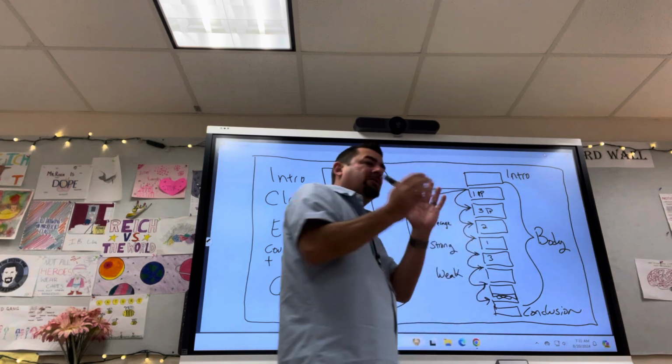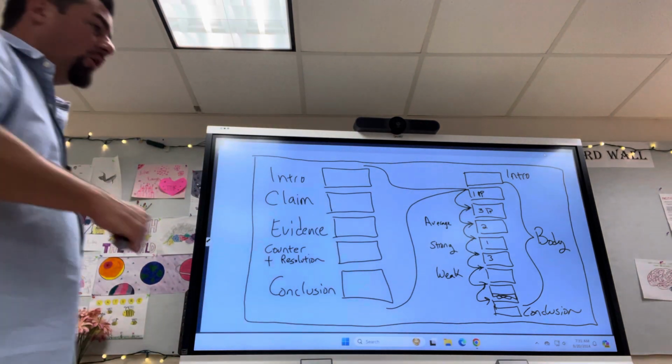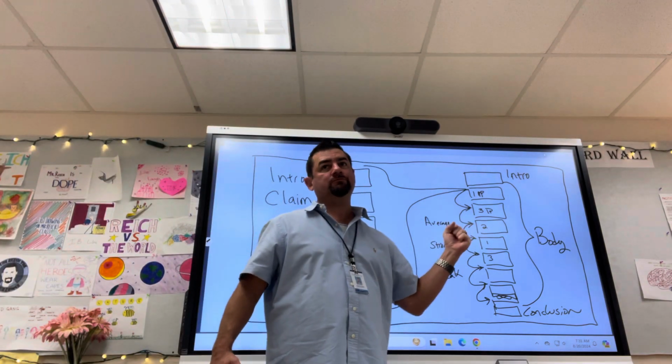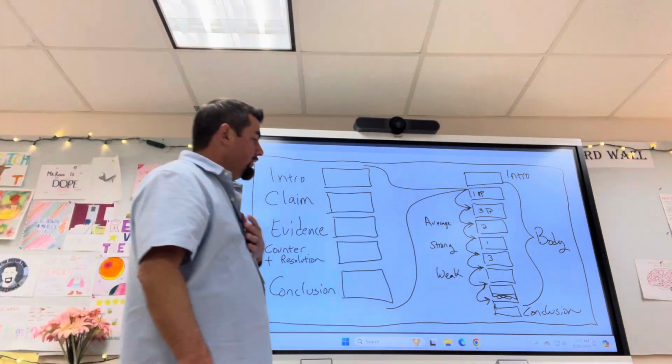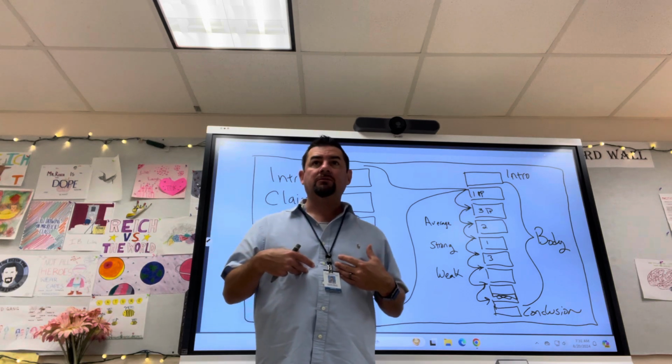All right? Now, this is personal preference too. You might feel like you always want to end with your home run evidence, right? But to me, as a reader of essays, right?